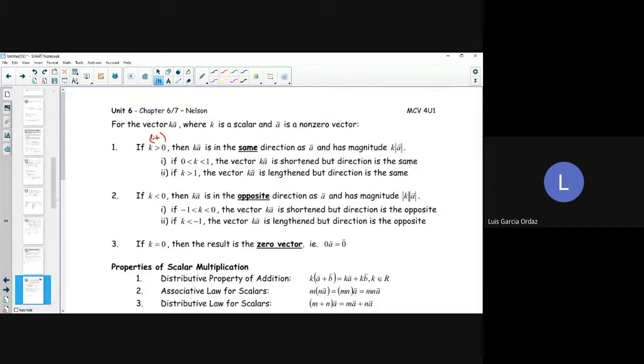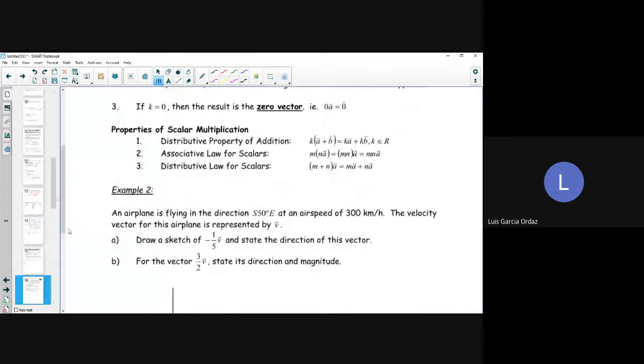Now with addition, there are also properties of scalar multiplication. The distributive property of addition means that k times vector a plus b is the same thing as k times vector a plus k times vector b.